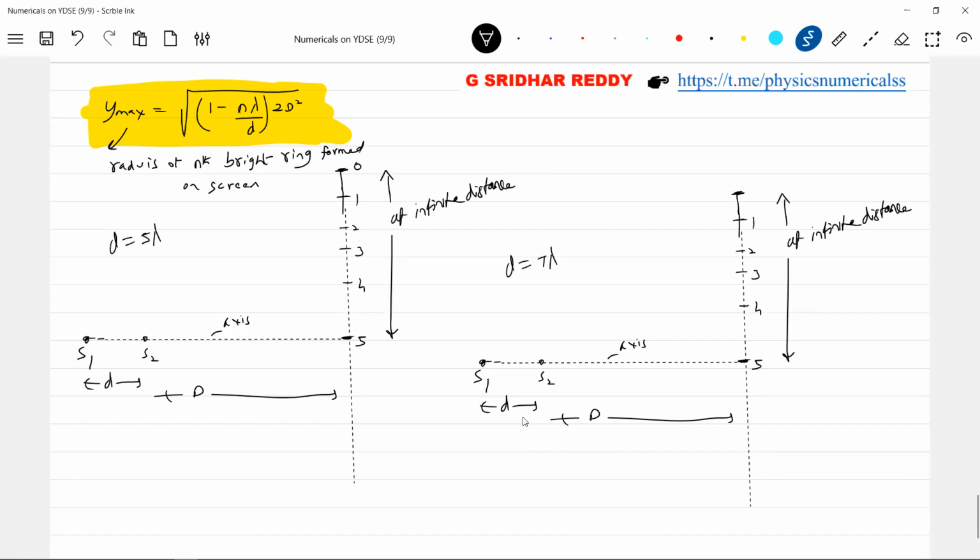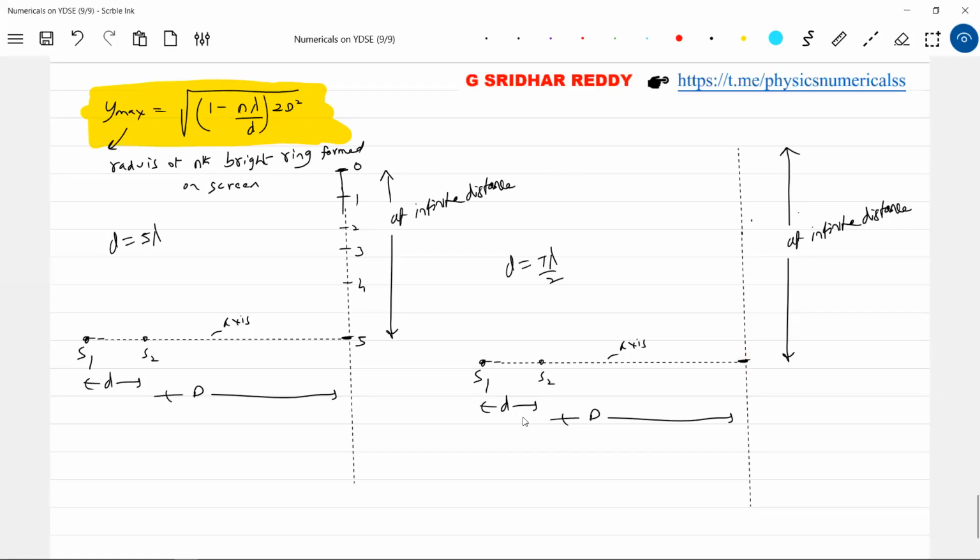Now a student, what happened? You will make 7 lambda by 2. So what do you expect here now? At the axis, what will be noticed? I want all of you to think now.